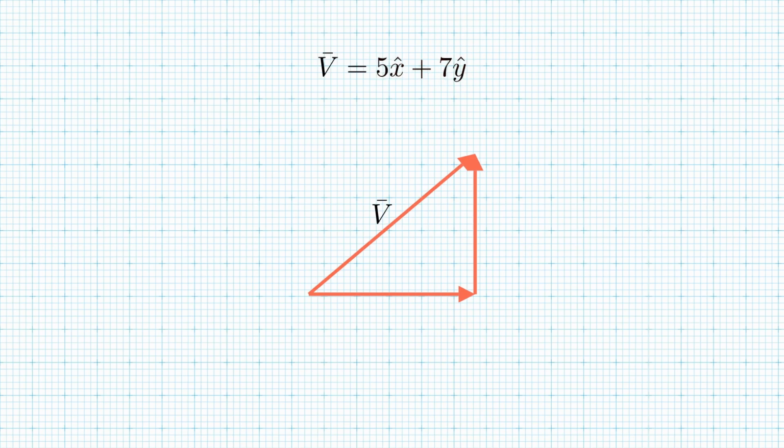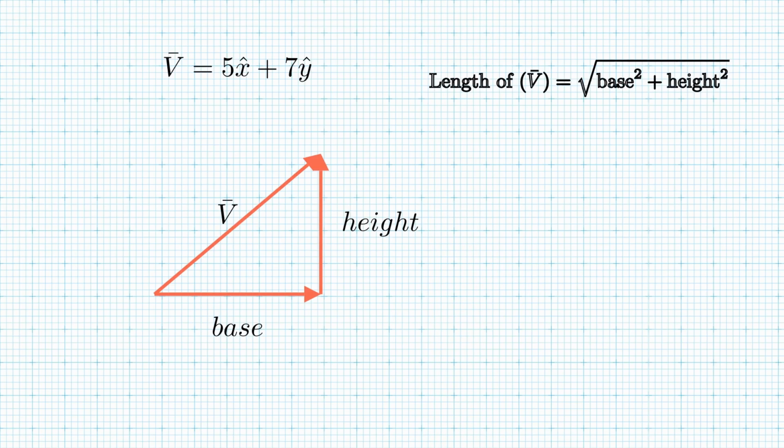Now, as 5x is just 5 units in x direction, that can become our base and its length is 5. Because remember, we put how much we did in front of x cap or y cap. And also 7y is just 7 units in y direction. Therefore, it becomes our height and its length is 7. By Pythagoras theorem, the length of the hypotenuse is equal to the square root of base squared plus height squared.